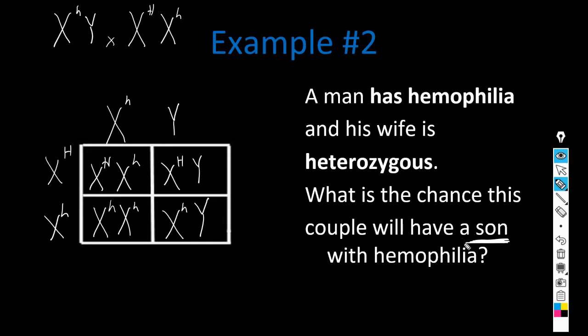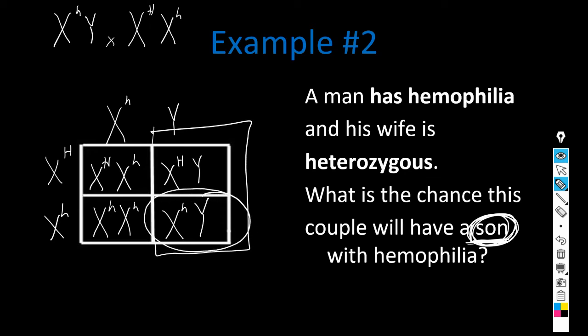So we're looking at the chances that they will have a son with hemophilia. And so again, here are the daughters. So we're only focused on the males, which are in these 2 boxes. And that is my only chance of having a son with hemophilia, is the bottom right box of this Punnett square.